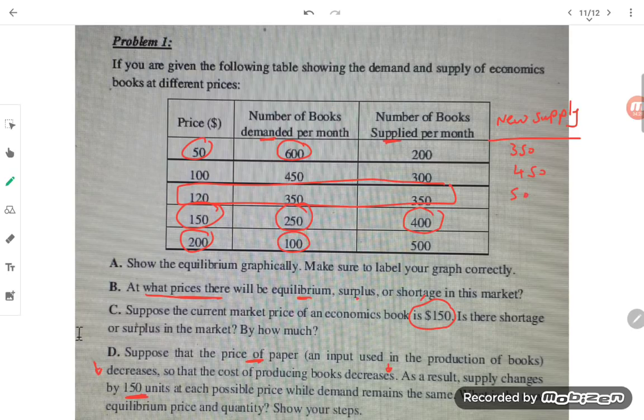At 150, it will be 550, and finally 650 at the top price. As a result, supply changes by 150 at each price level while demand remains constant. This means that there is no change in the demand curve. What will be the new equilibrium price and quantity? Show your steps.